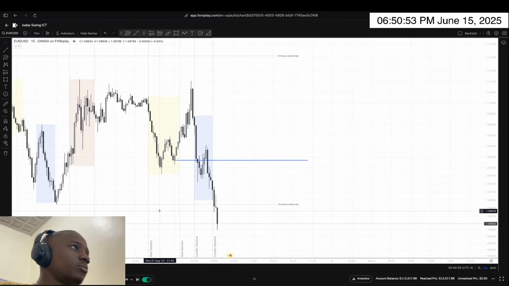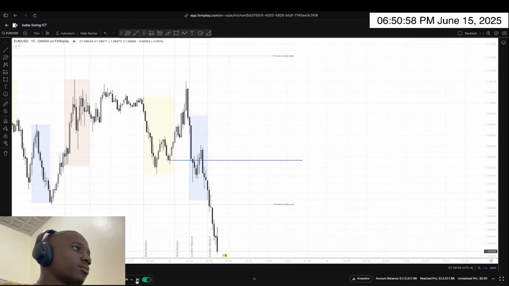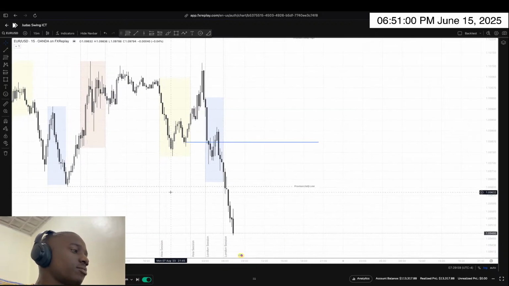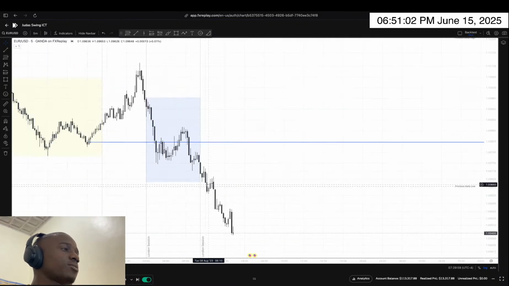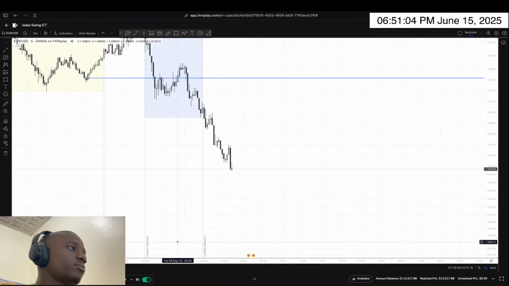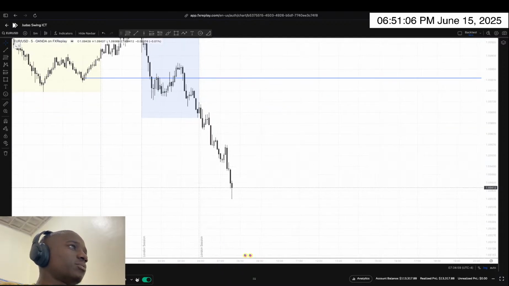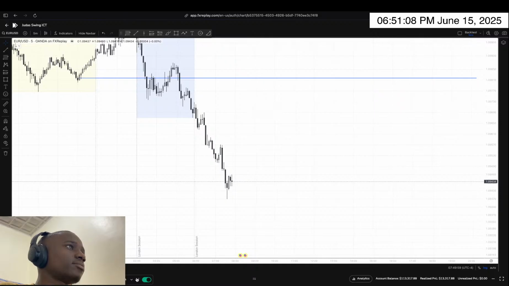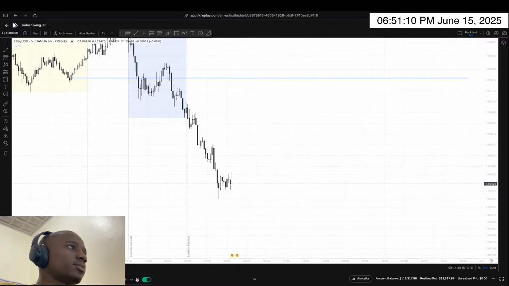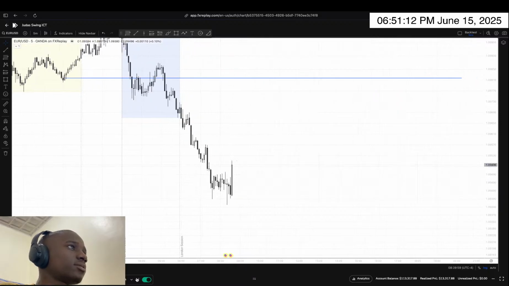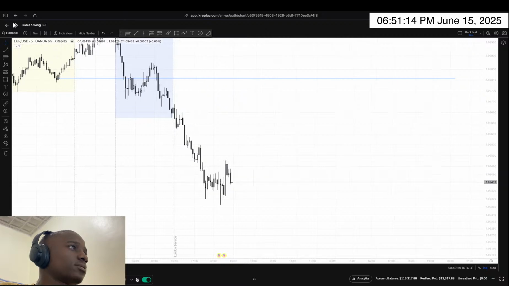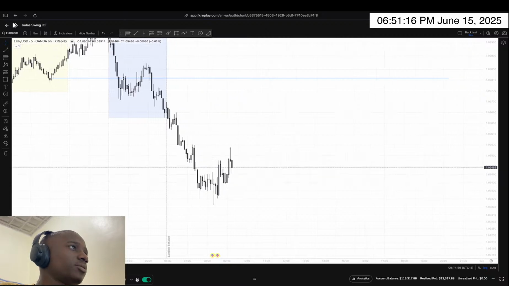Then we continue to drop until London ends. Let's see how the kill zones behave today. So we took out the previous day low, which was another draw on liquidity that we had, and at 8 we get a crazy push.